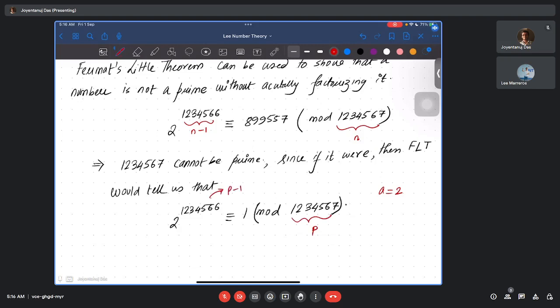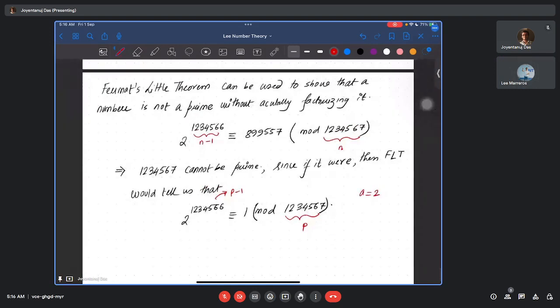So by Fermat's little theorem, I have a power p minus 1 is congruent to 1 mod p, right? But that is not matching with the given condition. So this is given to me, these two things are not equal. So hence, this number n cannot be prime.